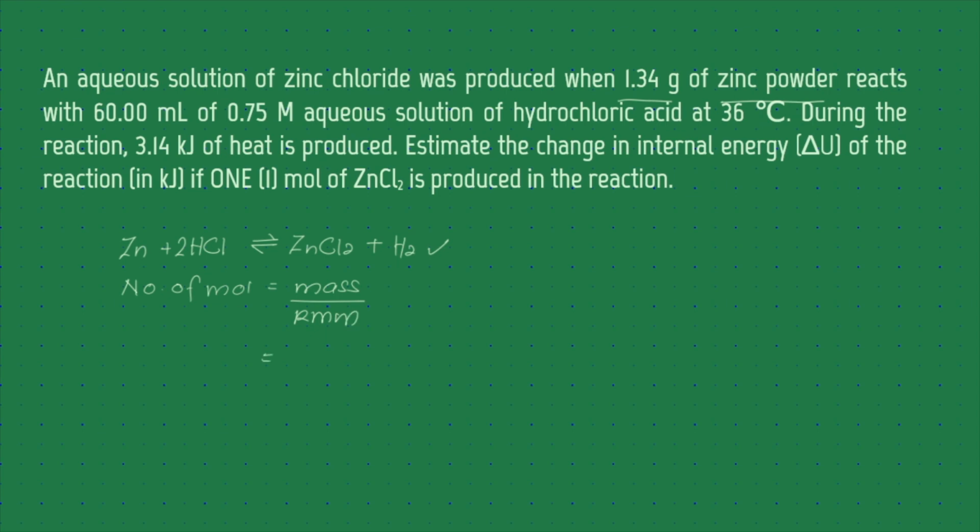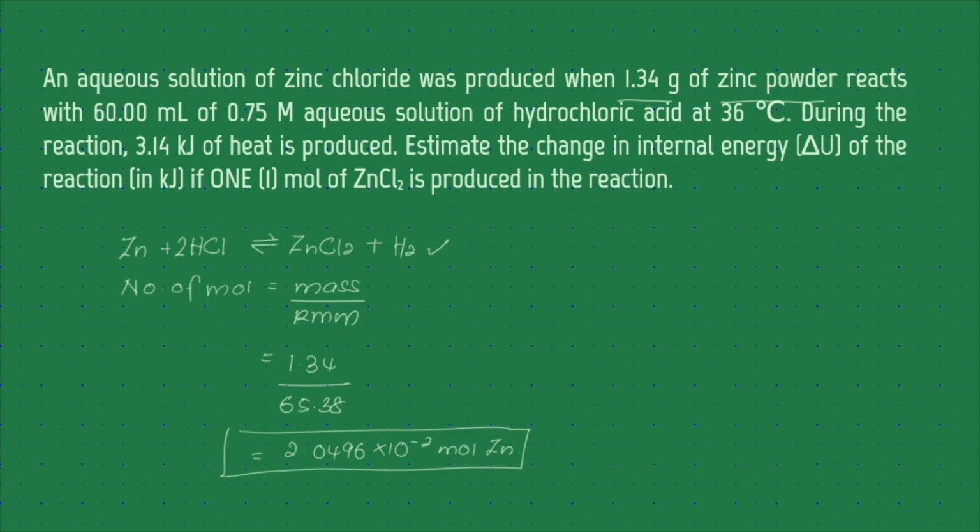And the mass was given in the question, which is 1.34 gram, and the RMM for zinc powder is equivalent to 65.38. Therefore, you will get 2.0496 times 10 to the power of negative 2 mole of zinc. Right? This is how much zinc is being used in the reaction.